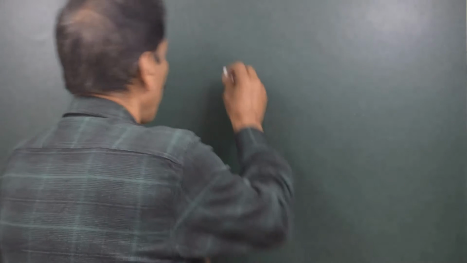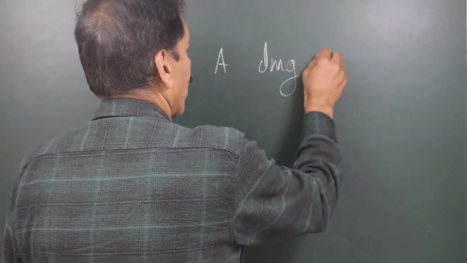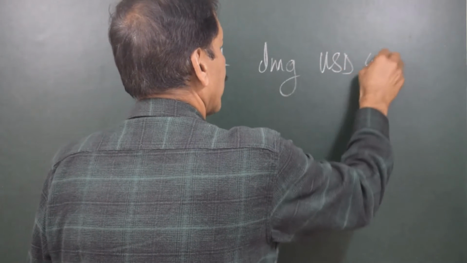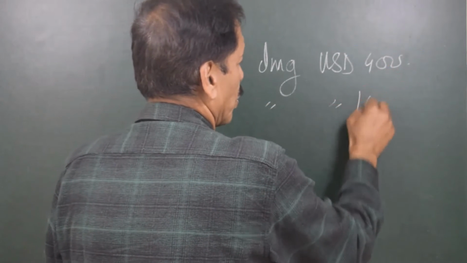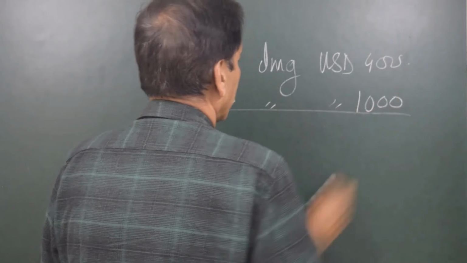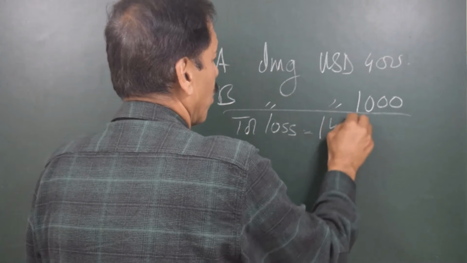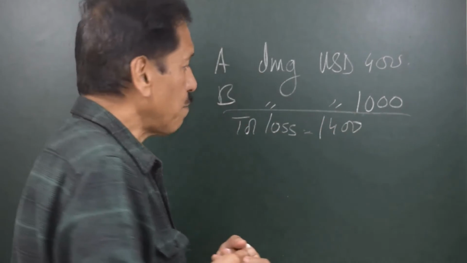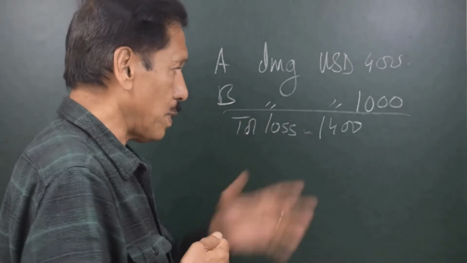To start with, what is single liability and what is cross liability? Let us say there are two ships, A and B. A incurs a damage of USD 400 and B incurs damage of USD 1000. So the total loss is 1400. The 50-50 liability means both ships are liable for 50% of the total loss.